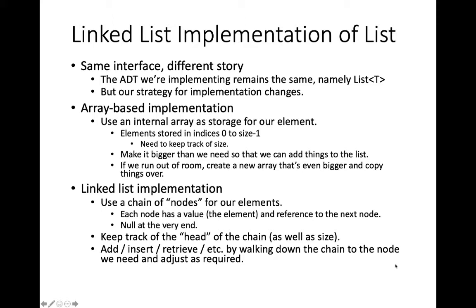A linked list implementation of list also keeps track of size, just like our other one did. But this time, instead of storing its elements in an array, it keeps track of the head of this chain. Whenever we want to do anything with the list, add something, insert something, retrieve something, we essentially walk down the chain until we find the place that we need to do something, and then do it and make adjustments as necessary.